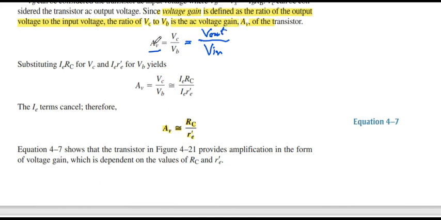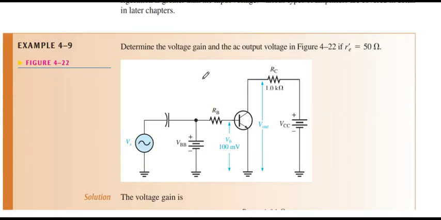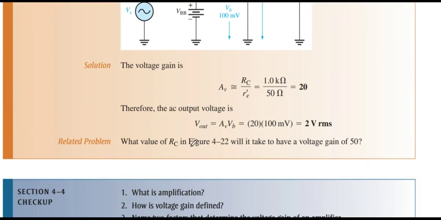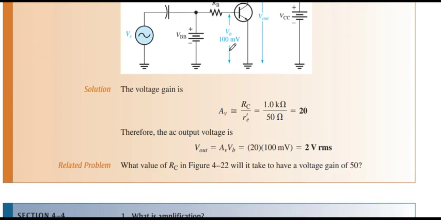VC is equal to AV into VB. Now V out is equal to AV times VB, the base voltage multiplied by the voltage gain. Then we get 2 volt RMS, which is much larger as compared to the 100 millivolt.